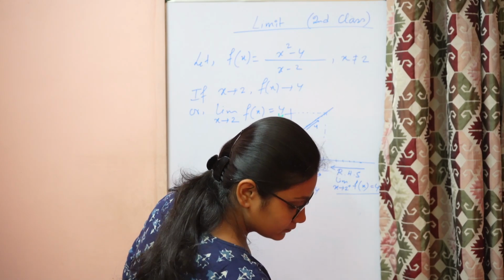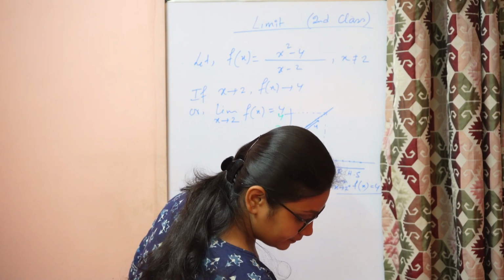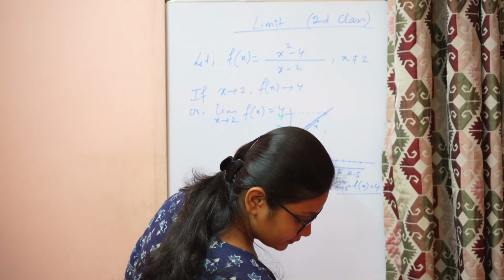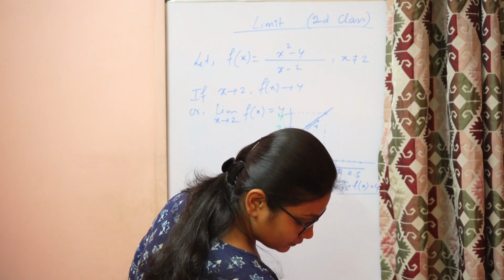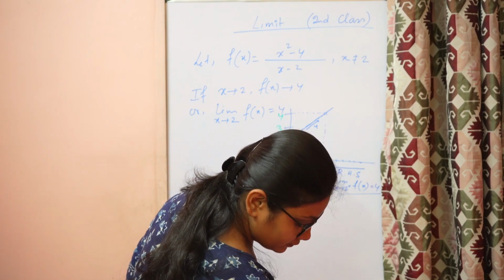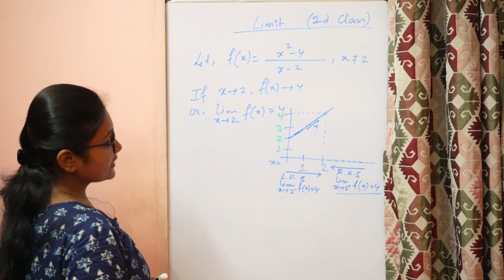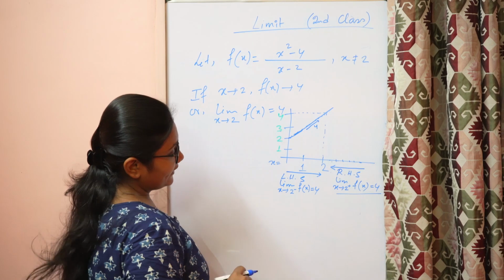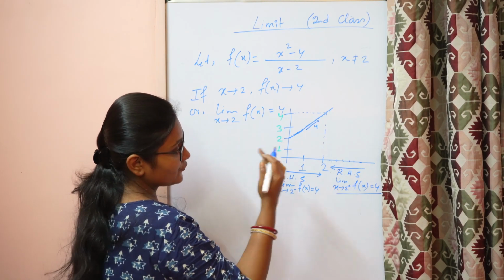Okay. So that is left hand limit, and that is right hand limit. One tends from the left hand side and the other tends from the right hand side.